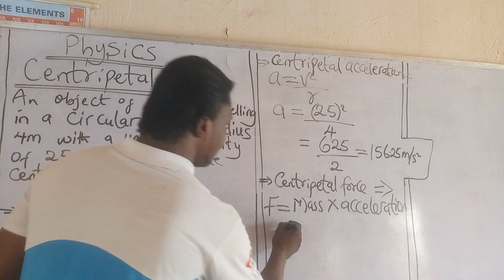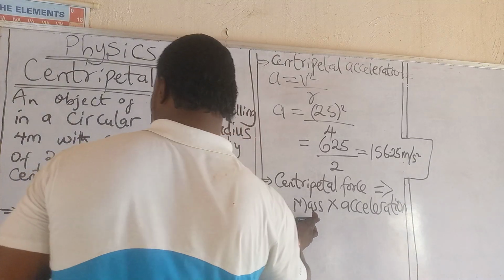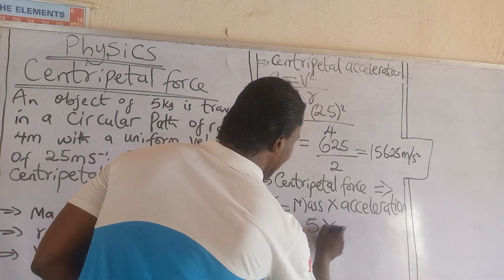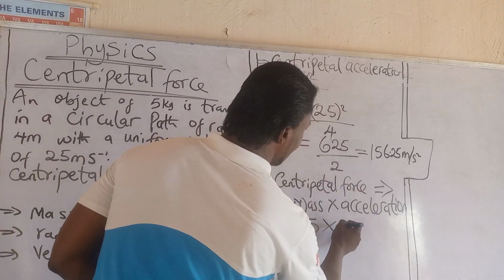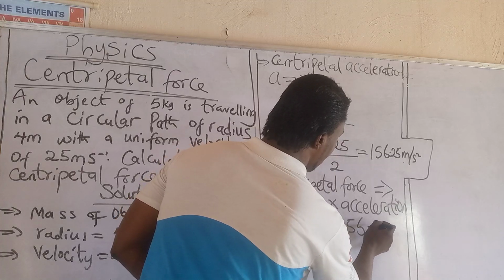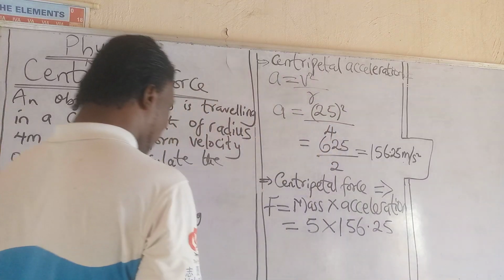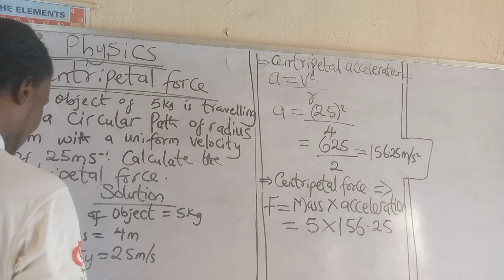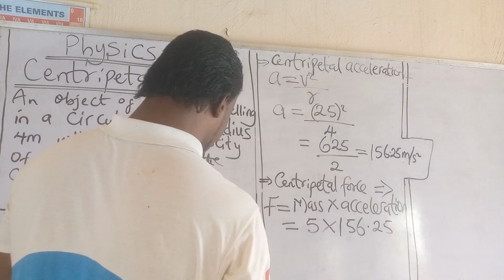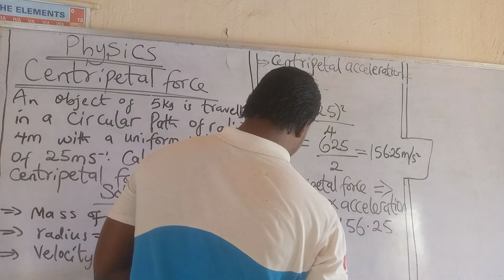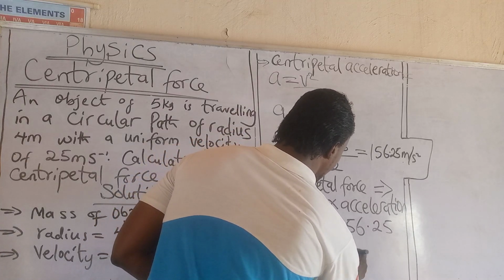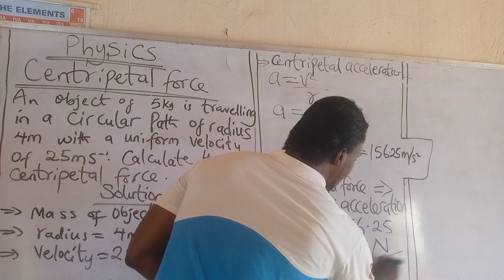The mass of the object is 5 kilograms, so we have 5 times the centripetal acceleration that we got, which is 156.25. So 5 times 156.25 gives us 781.25. And you know force is in Newtons.